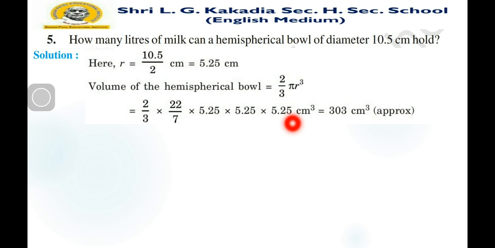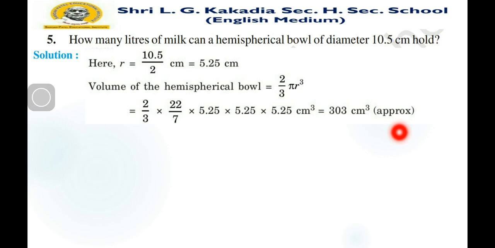Now if you multiply all these terms, then at last you get the answer 303 centimeter cube approximately. So here we got the volume of hemispherical bowl.